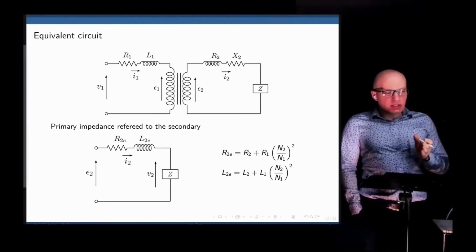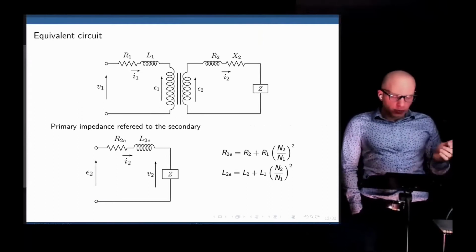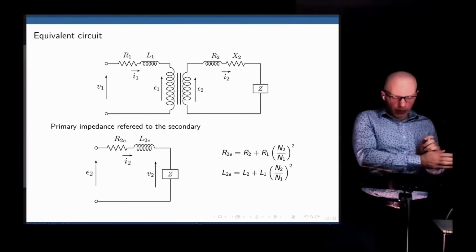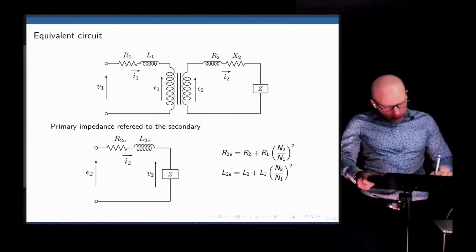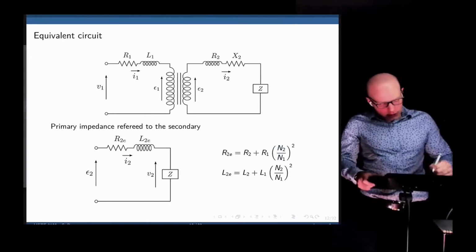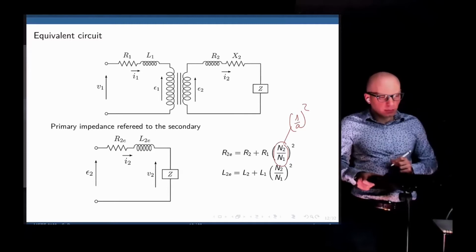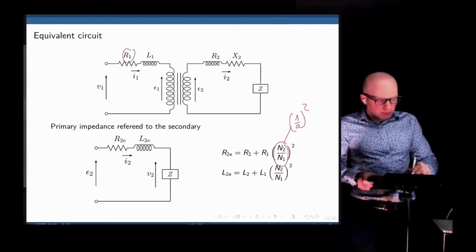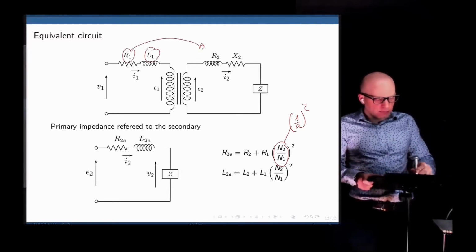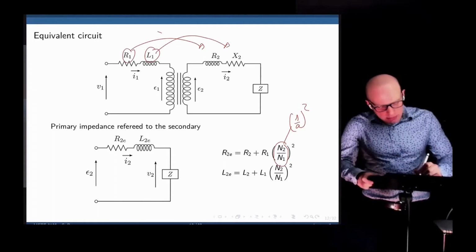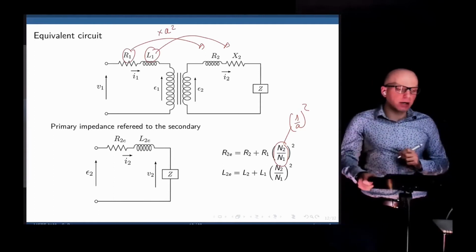But we can also do this analysis the other way if you want. We can refer all the primary winding impedances to the secondary. The only difference now is that you're going to multiply that by 1 over A squared. Right? This is 1 over A, so the whole thing is 1 over A squared. And R1 is referred to its respective counterpart in the secondary and added, but before that we need to multiply them by A squared.